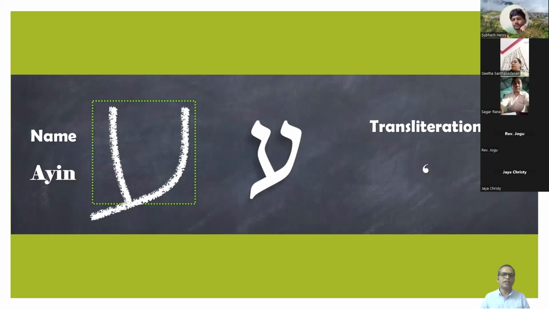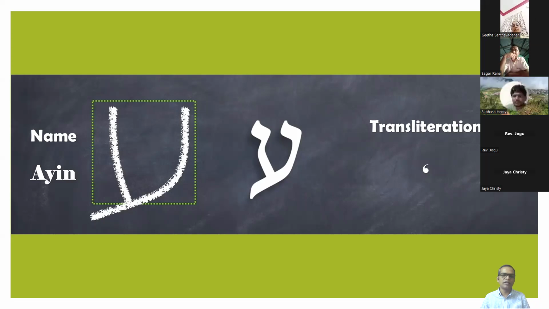The single opening quote is the transliteration for Ain. So whenever you are asked to transliterate, if you see Aleph, it has to be the single closing quote, and for Ain it is the single opening quote. So there is no English equivalent. That means these letters will not be pronounced. These letters only will be indicated by these signs.